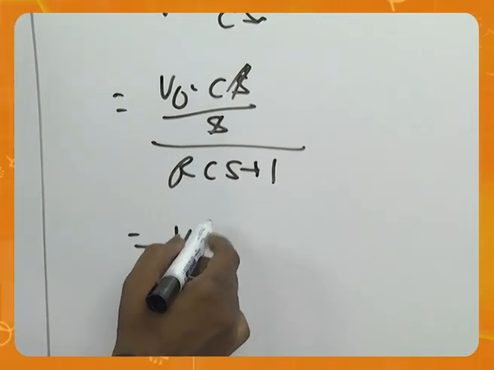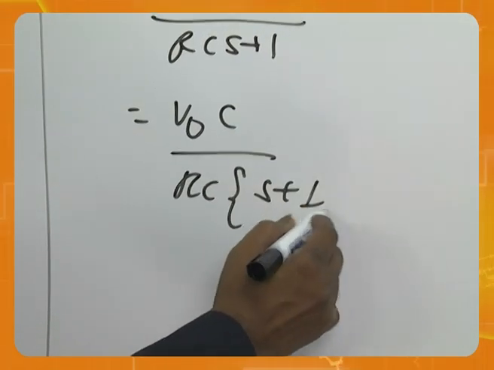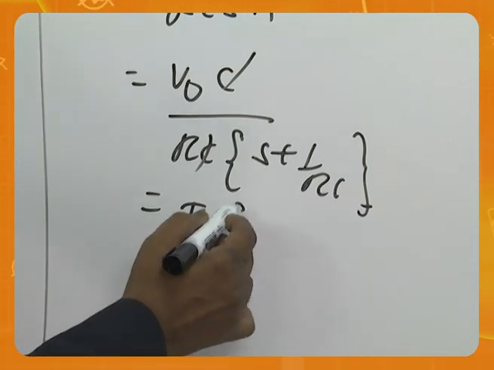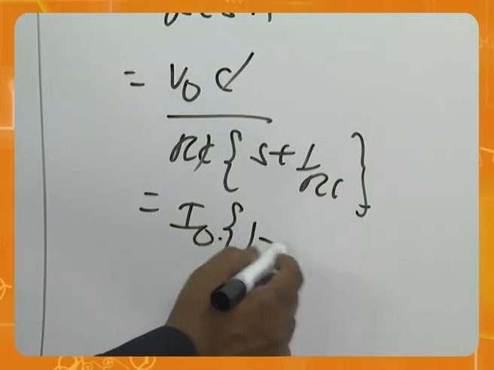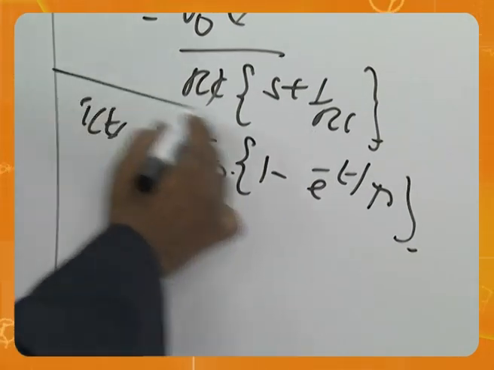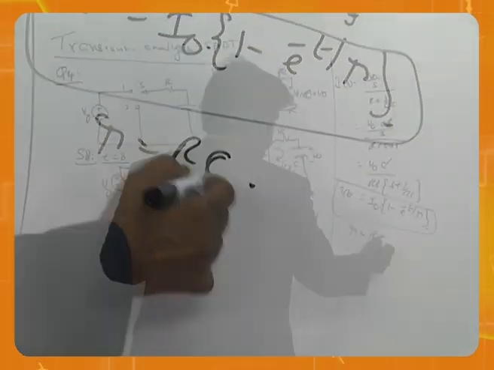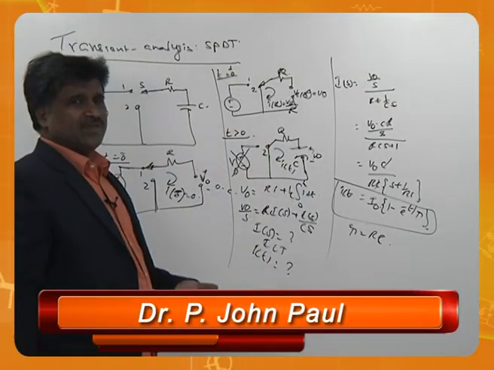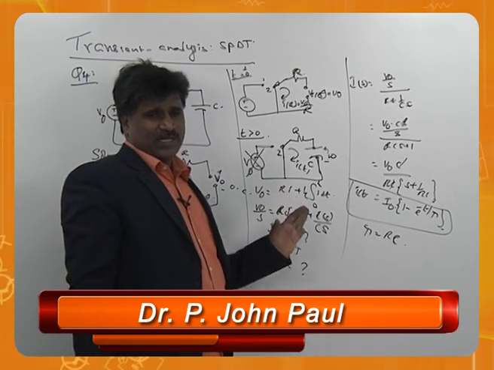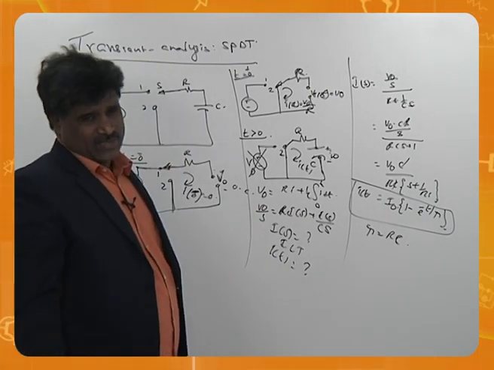So V0 into C by RC, if I take common, 1 plus RC, the C cancel, you can say I0 into 1 minus e to the power minus t by tau. That's your i(t), where tau is RC. Like this you can complete even the inverse transform also. But the complete solution will generally be asked in IES, otherwise only some part will be asked in an objective exam.